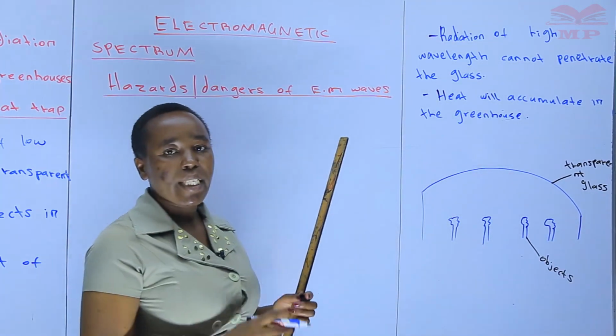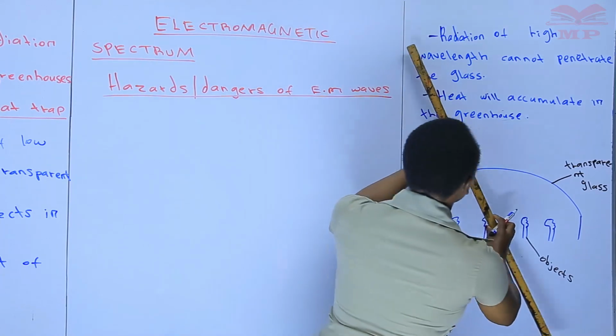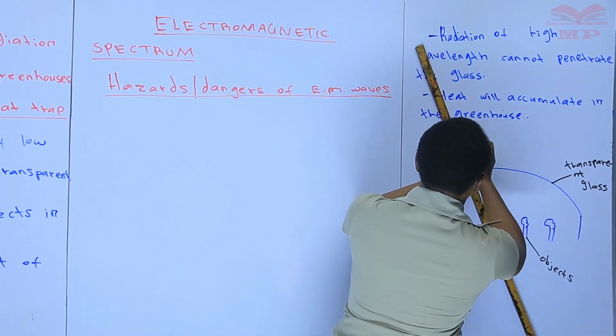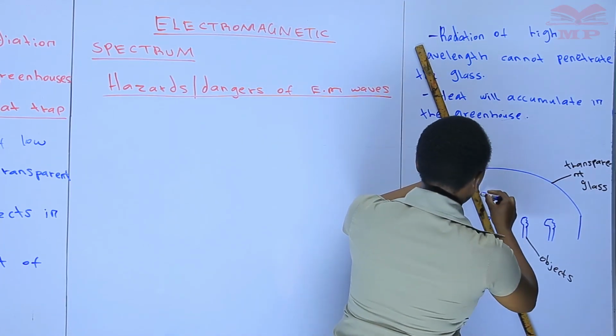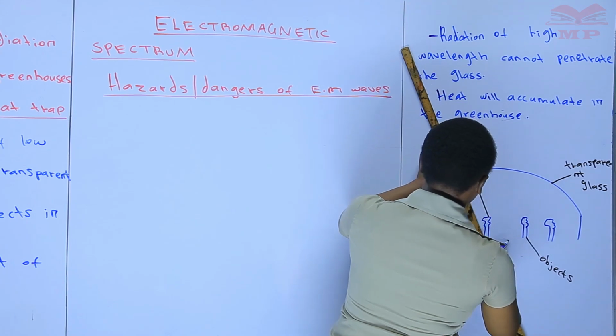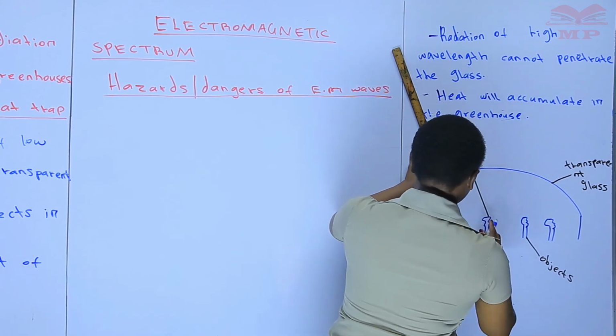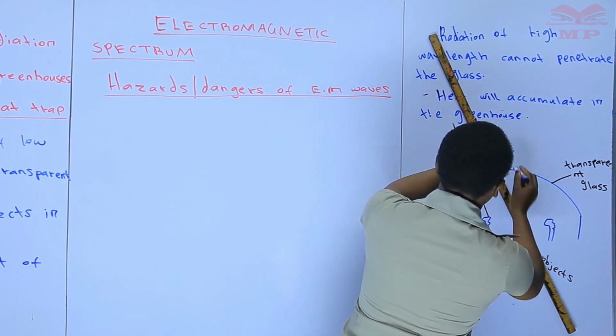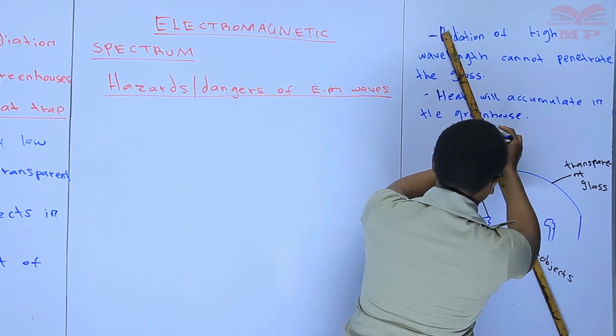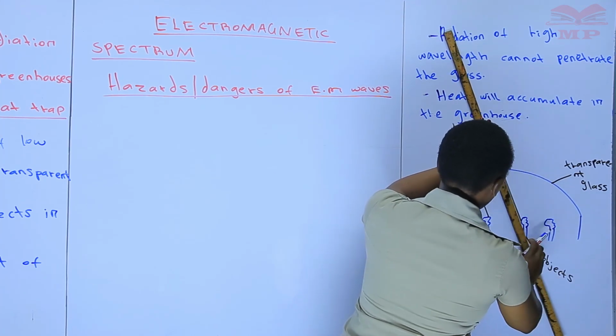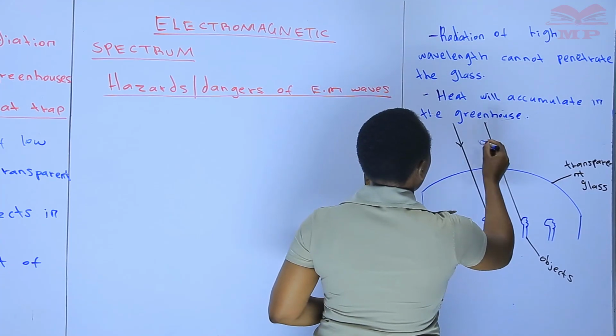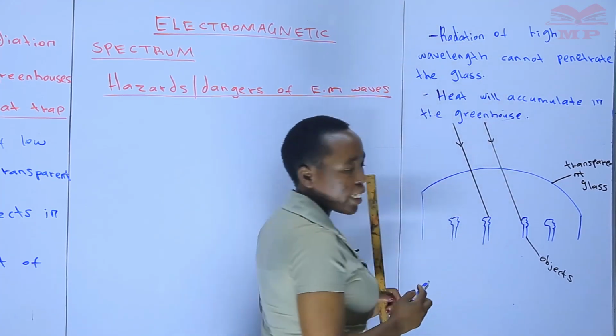So what happens is that when we have light from the sun falling to these objects that we have here, we can have another ray here. These are rays of light. So we have them falling on the objects here.